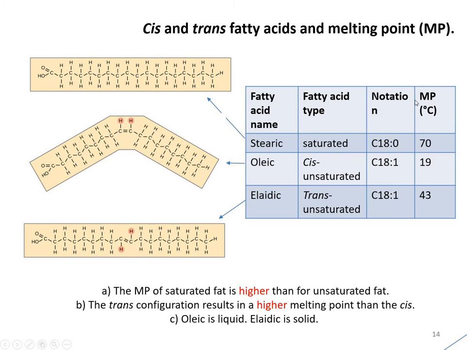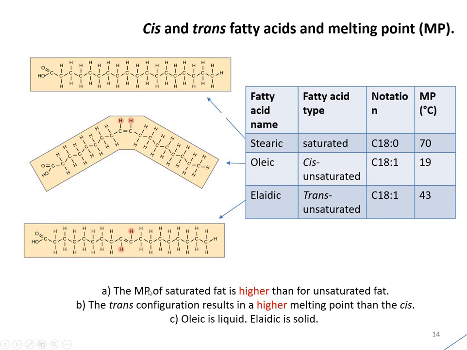See the changes in the double bond and the melting point. The number of carbon is the same and the number of double bond is the same, 1 and 1, but because you change from cis to trans, you change the melting point.